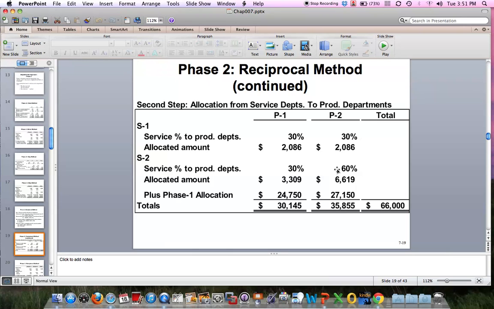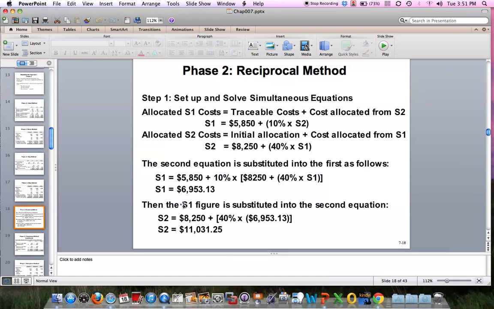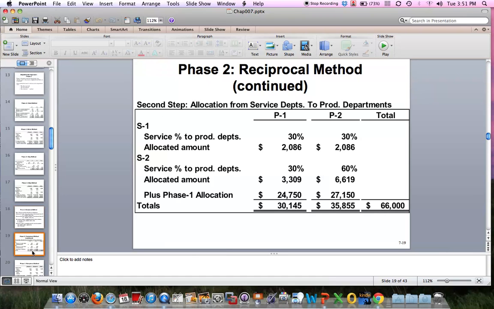So Exhibit 7.8, page 233, be sure to look at that. The 30 and the 30 were given to us, and that's used to multiply by 6,953, which came from right here. So we're splitting 6,953 times 30 and 30.